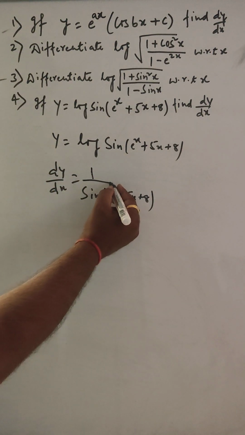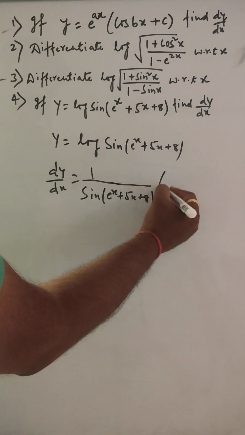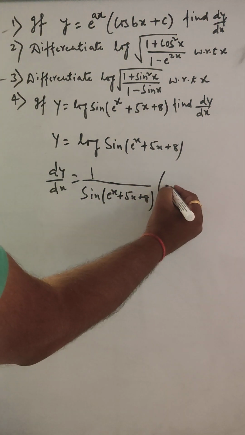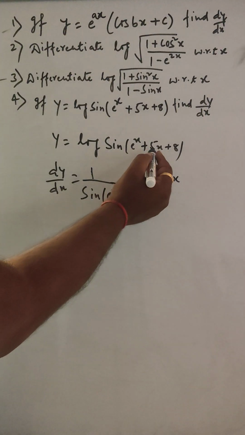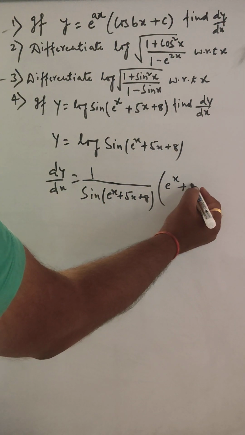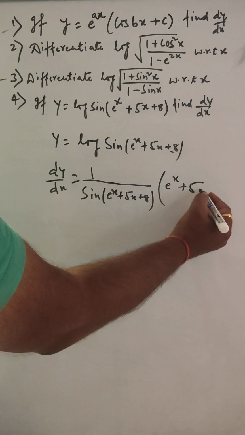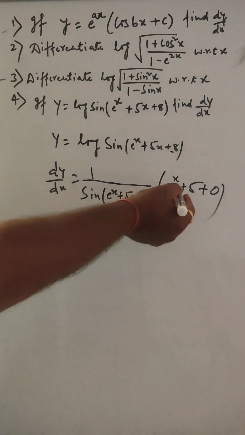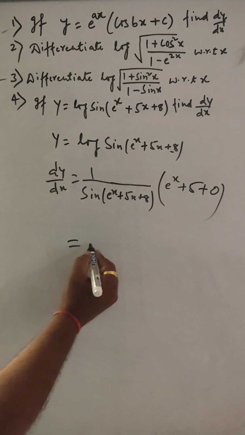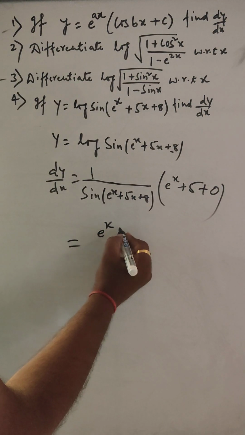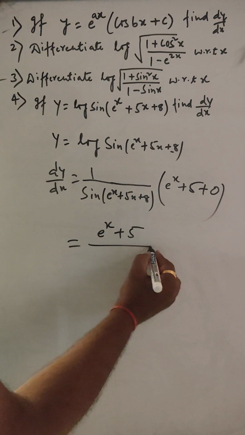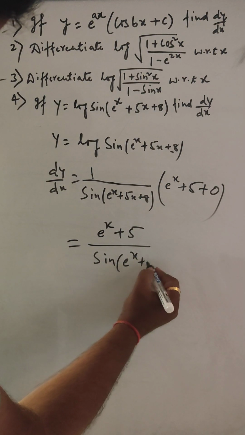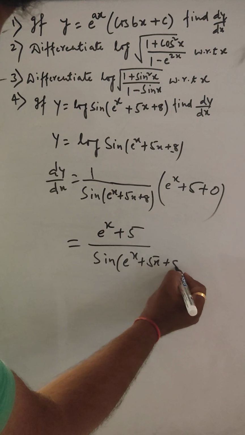Now inside, differentiation of e^x will be the same e^x, differentiation of 5x will be 5, differentiation of 8 will be 0, the derivative of a constant is 0. So this is your answer: e to the power x plus 5, and here sin(e^x + 5x + 8).